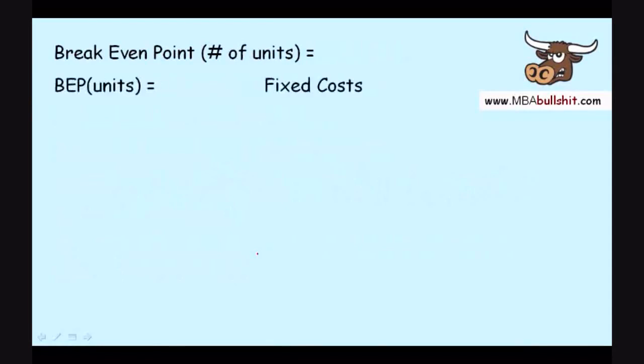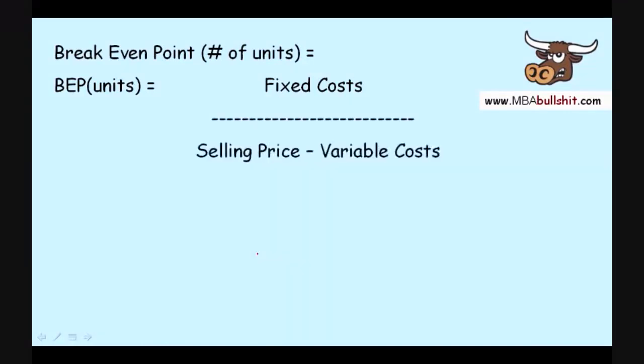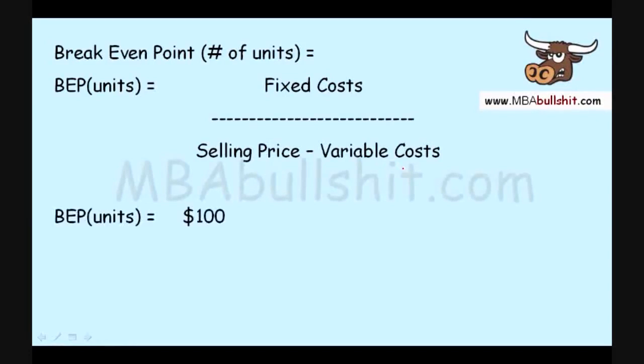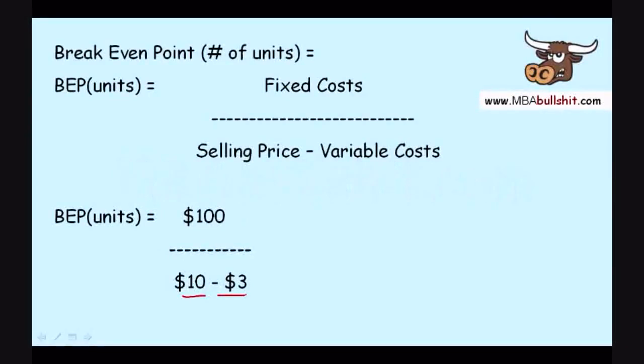So for that we need to use this formula, and it looks like this. The break-even point in number of units equals your fixed costs divided by your selling price minus your variable costs. As you remember, the fixed cost is $100 a month, and you divide that by your selling price of $10 minus the $3 in variable costs.